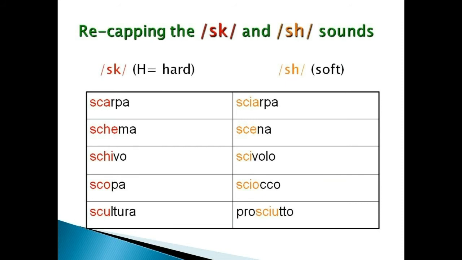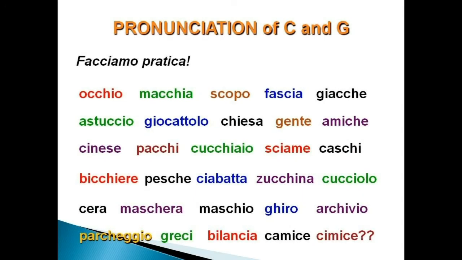If you want, now you can pause the video and practice to write and read the words with the sounds ska, sha, ske, she, ski, shi, sko, sho, and sku, shu. Facciamo pratica. Now it's your turn to practice.